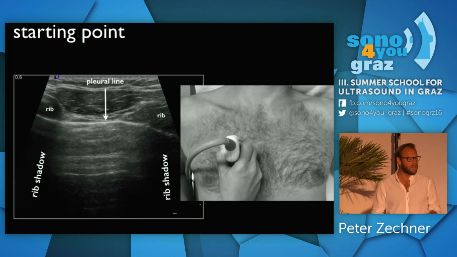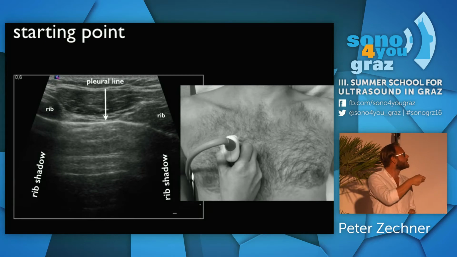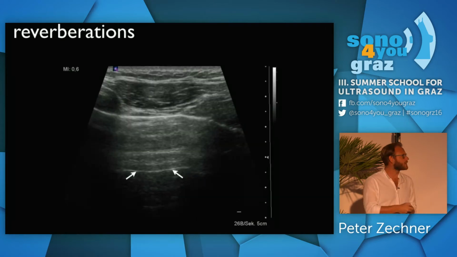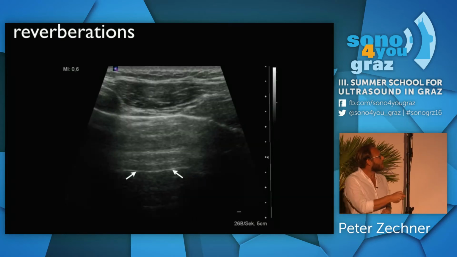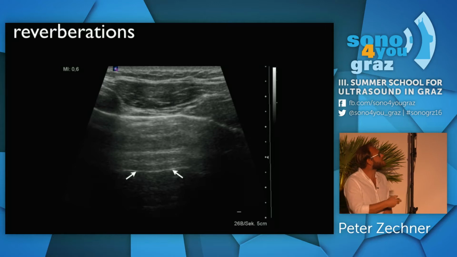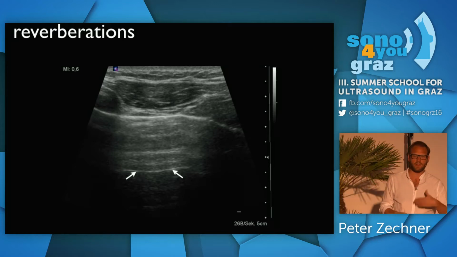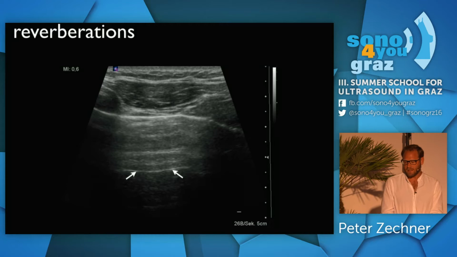So you have to know that what we see down here is not really the lung, but only artifacts. Normally we see horizontal artifacts, also called A-lines or reverberation artifacts. We always see these artifacts if there is air under the pleural line, so in normal conditions, but also in pneumothorax, for example, okay?